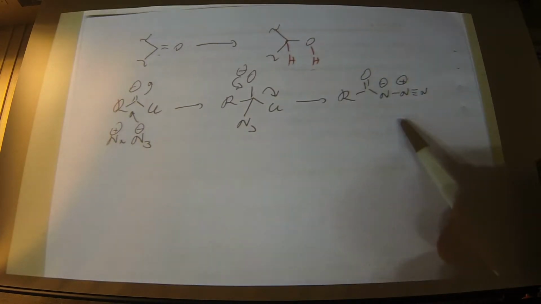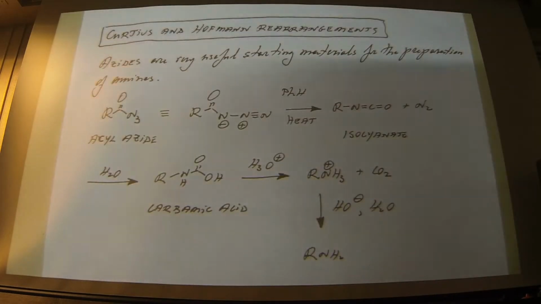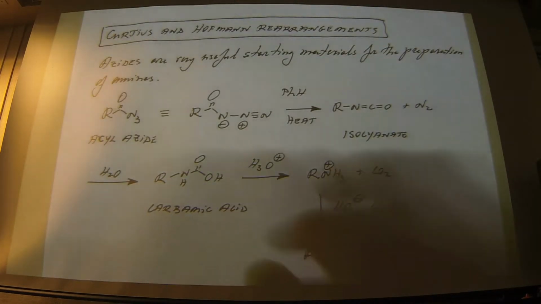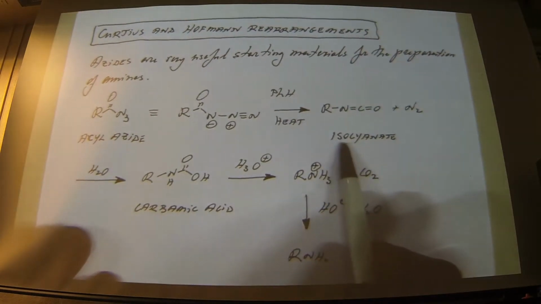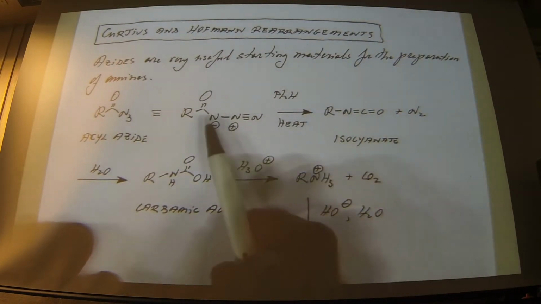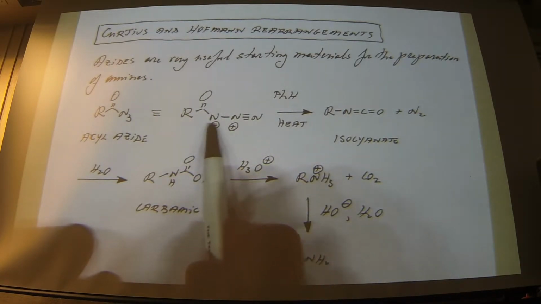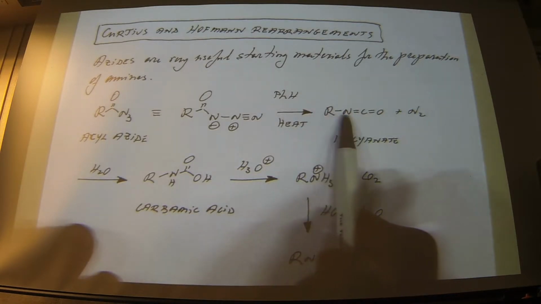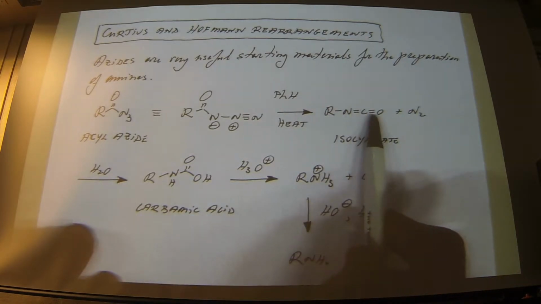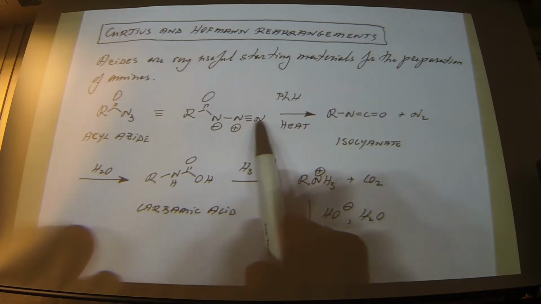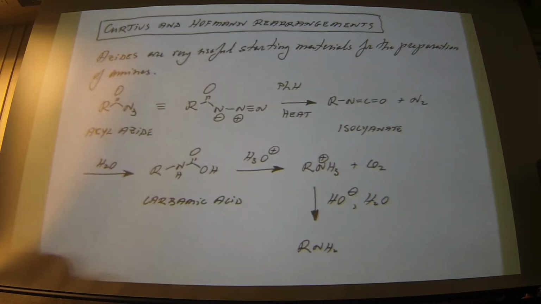Something is going to happen to this if I heat it up. And if you heat up an acyl azide, it turns into an isocyanate. I want you to figure out what's happened here. This R group, which used to be bonded to the carbonyl, ends up bonded to the nitrogen. I have an R-nitrogen bond. The carbonyl is still there, and I've lost N2. So, how did that happen?